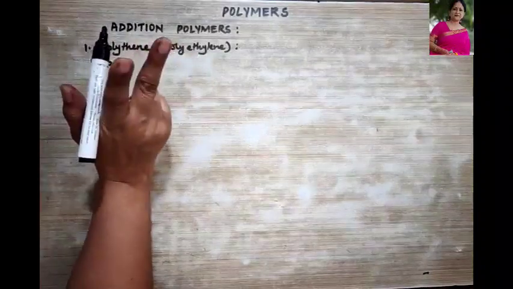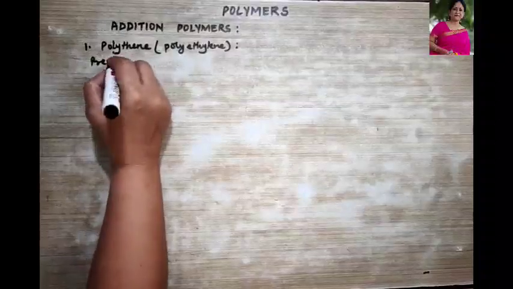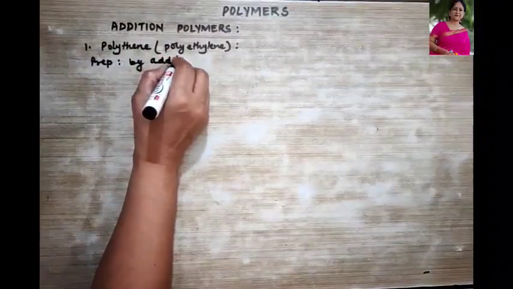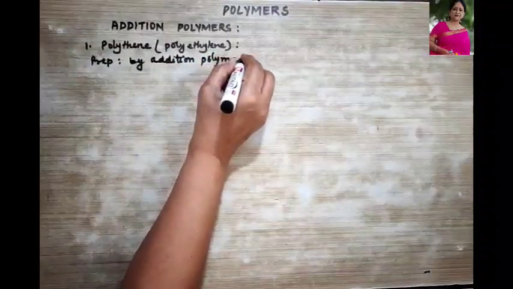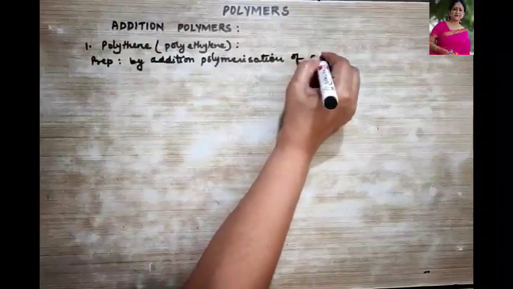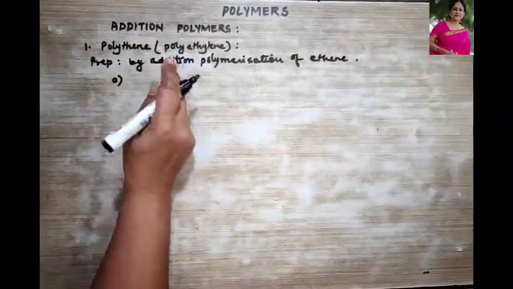But there are two methods for its preparation. First one is addition polymerization of ethene, which can be done in two ways.